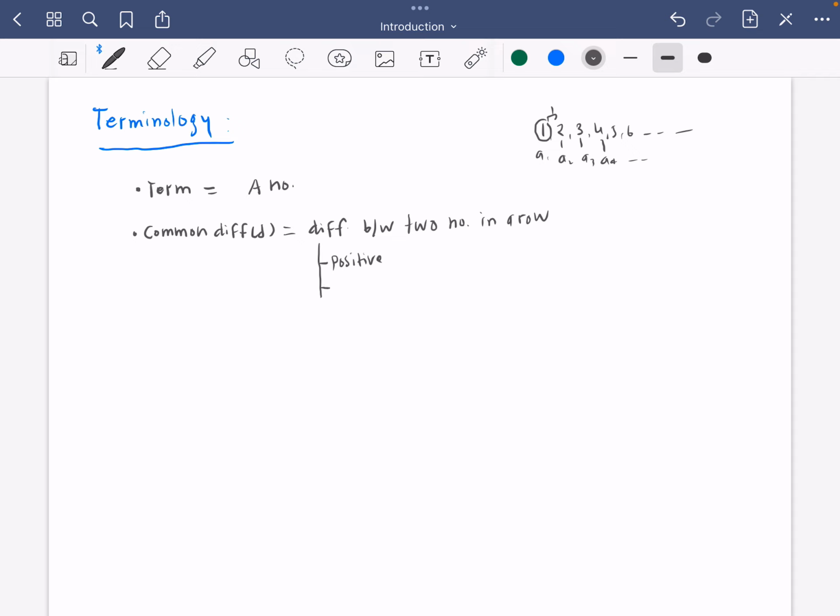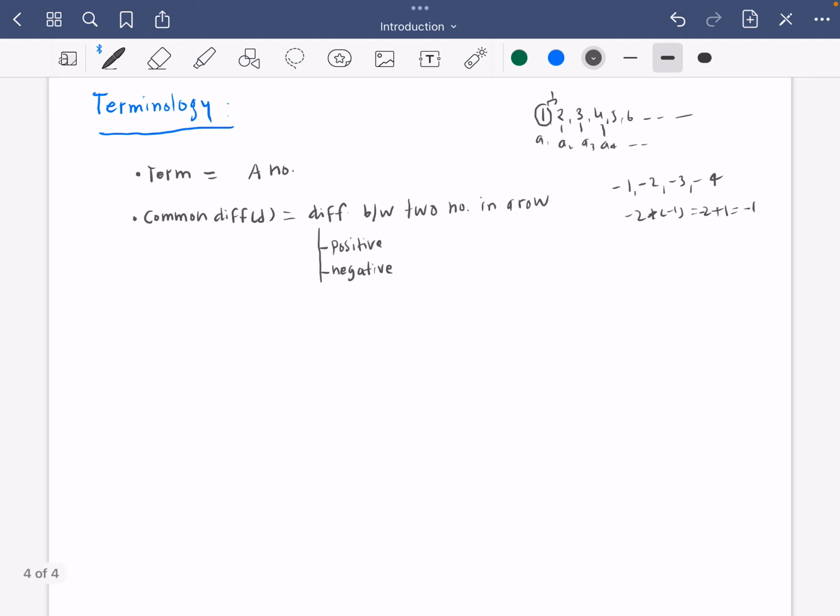It can be negative. Let's see an example here. Let's say it's -1, -2, -3, -4. So the difference is -1. It can be negative, and it can also be 0.